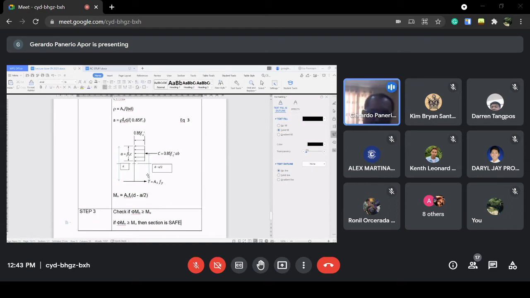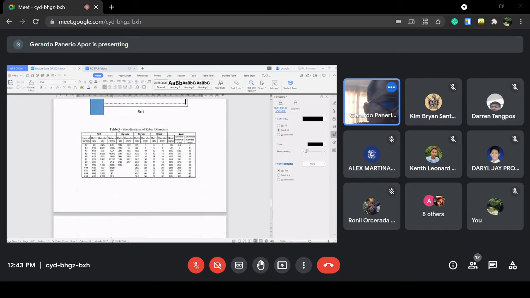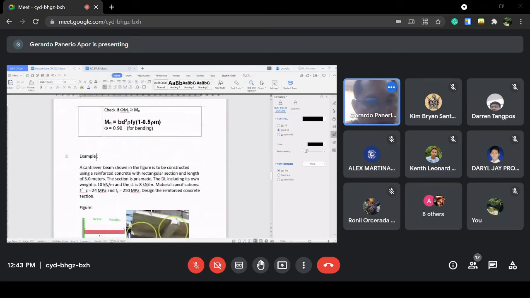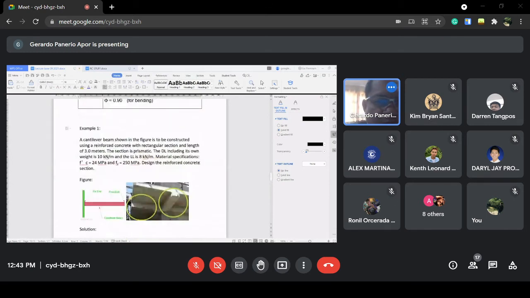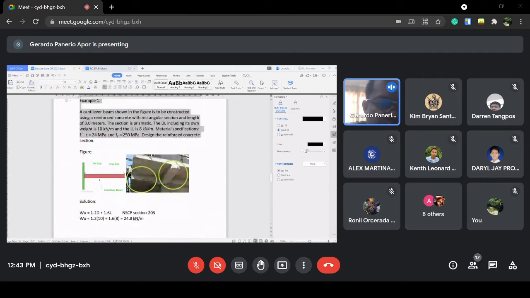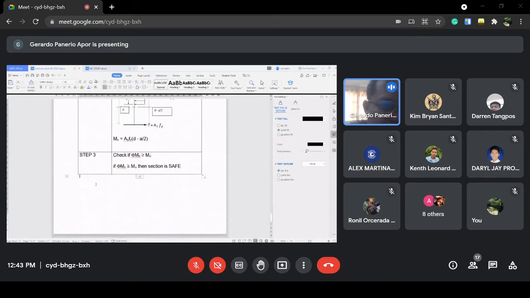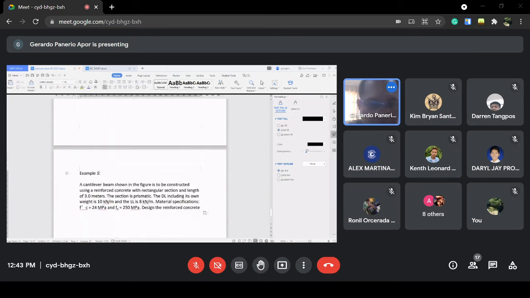So we will have an example. I will label this one as example 1. Example 1. Okay. Then I'll just copy that, I'll just revise it. Okay, example 2. Example 2. Simple beam.